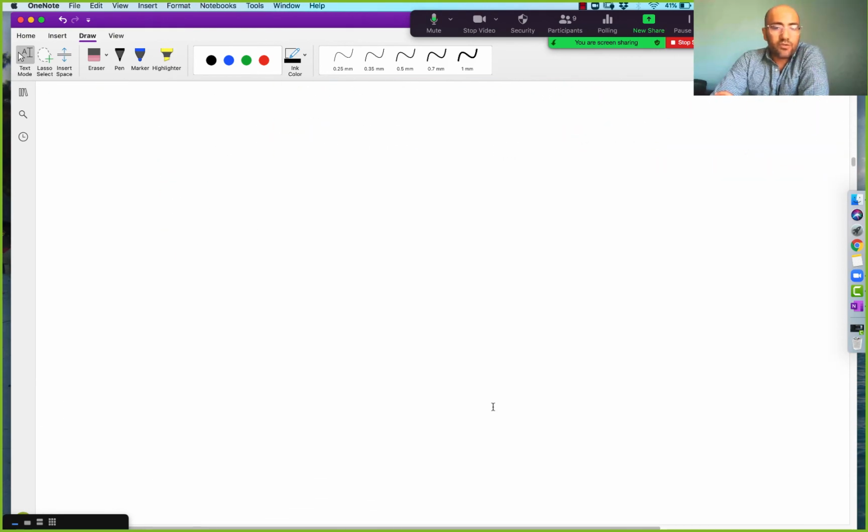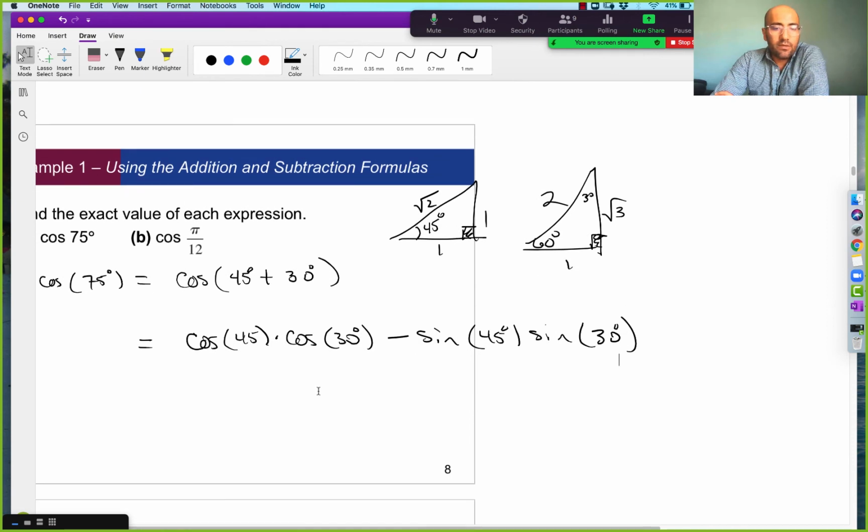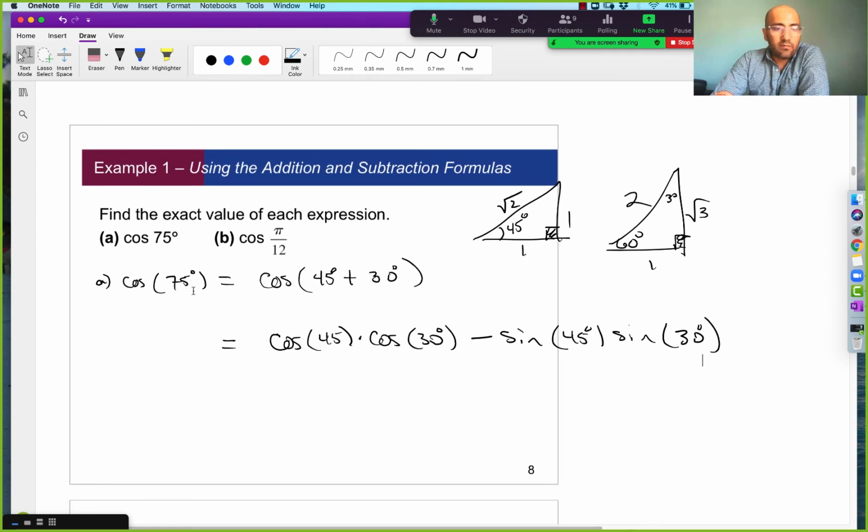Okay, so we can just use that property to separate it this way. Cosine of 75 degrees is equal to this ugly thing. And now each one of these is just a simple result. Cosine of 45 degrees, that's root 2 over 2. Right, it's 1 over root 2, rationalized gives you this.